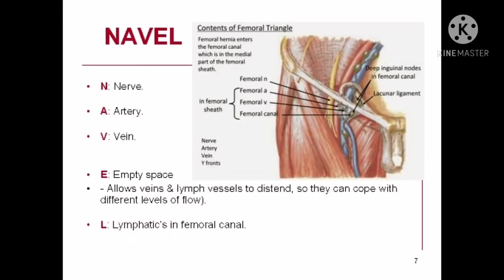For the sake of convenience and to easily memorize the contents, there is a formula by the name of NAVEL. You can remember N for nerve, A for artery, V for vein, E for empty space to allow veins and lymph vessels to distend so they can cope with different levels of flow, and L for the lymphatics in the femoral canal.